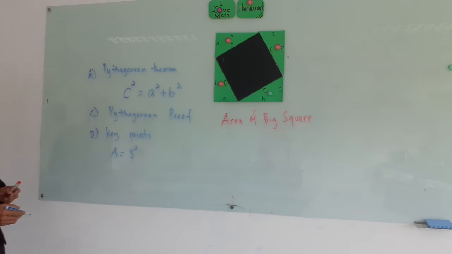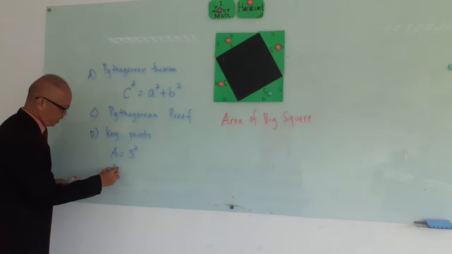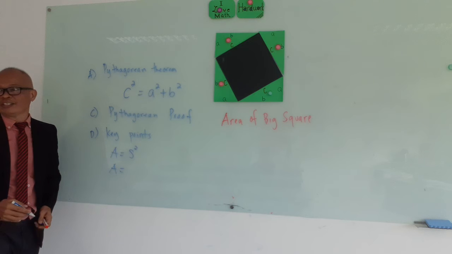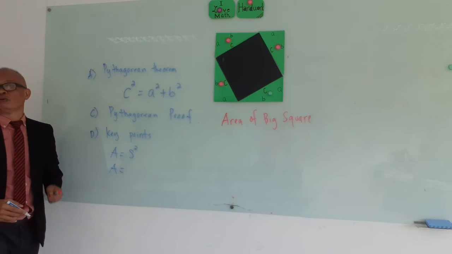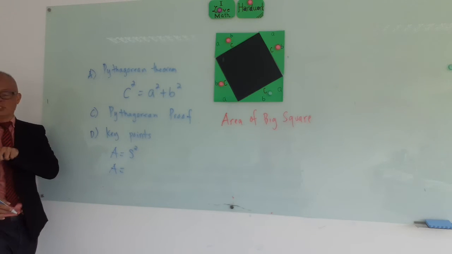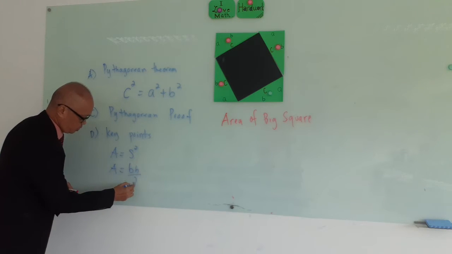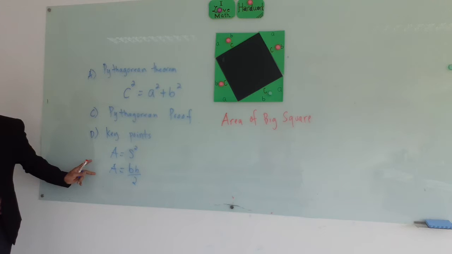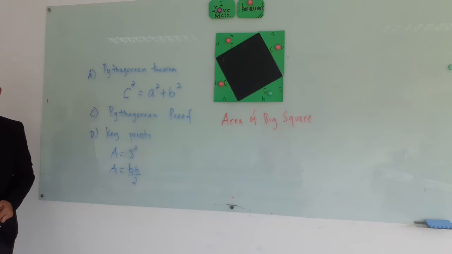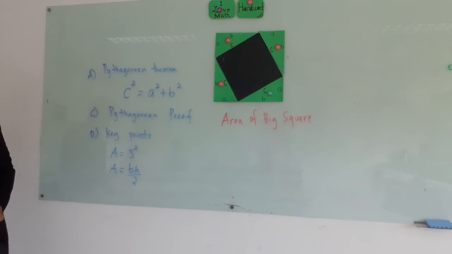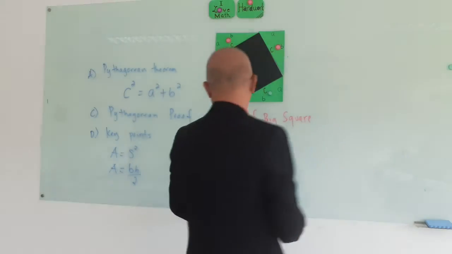Now for the area of a triangle, because we have triangles in there: base times height divided by 2. So these are the key points to remember in proving the Pythagorean theorem. All right, now we'll continue.